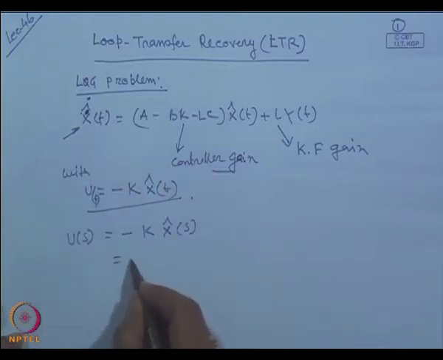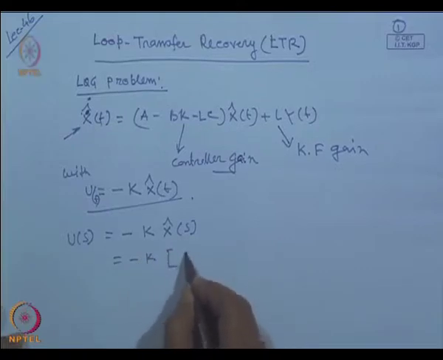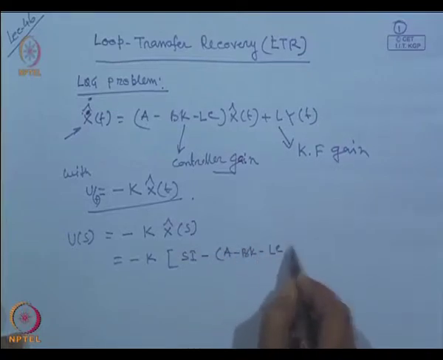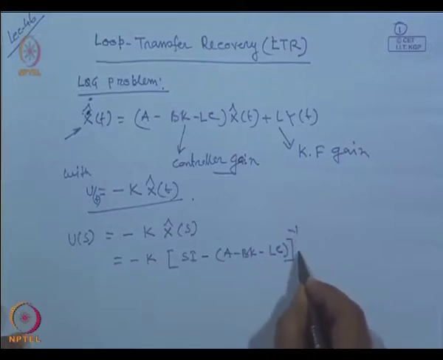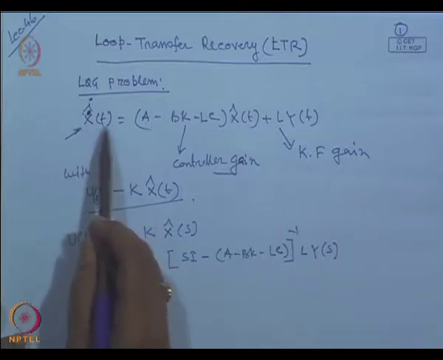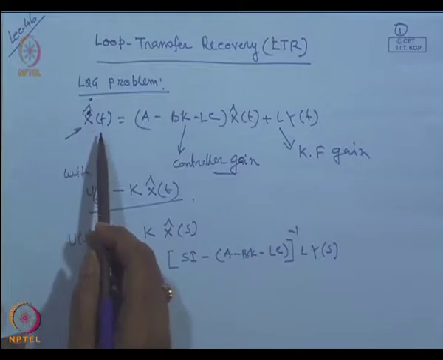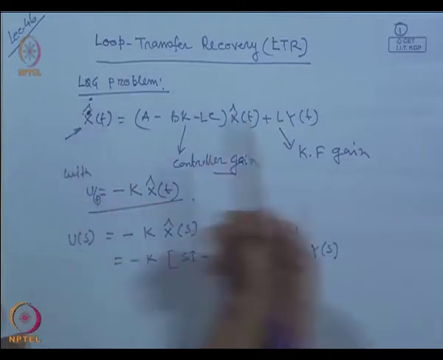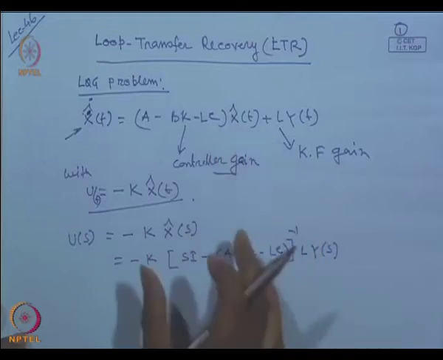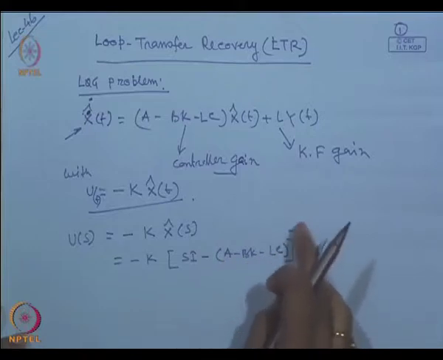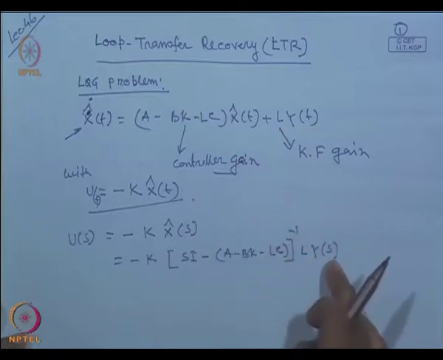Bringing the terms to one side, x hat of s will be s I minus A minus B K minus L C, whole inverse, multiplied by L into y of s.